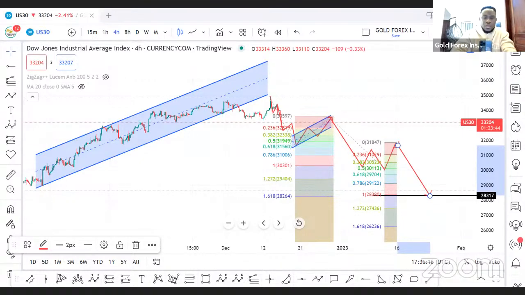Okay, I couldn't see it, but let me check. Okay, so you see, I was very right with these guys. Trading Virus is one of the Elliott wave guys. So you can see over here, we had the same analysis. Wow.